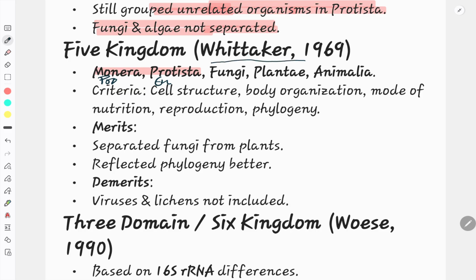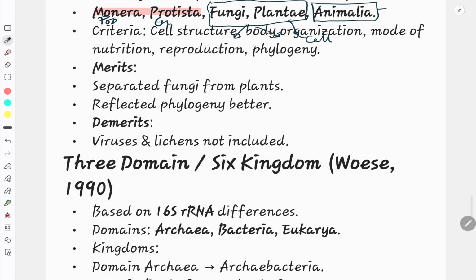Of these three, these two are separated because they have a cell wall, and the other does not have a cell wall, it is flexible. On the basis of whether they can synthesize their own food or not, they were classified as fungi and plantae. What are the merits?